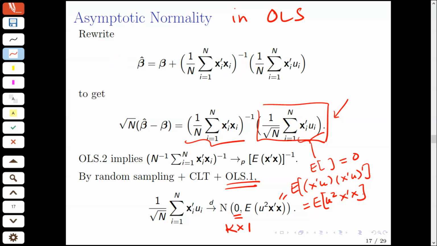All right. So in large samples, this second part is roughly normal. And to be specific, it is asymptotically normal.